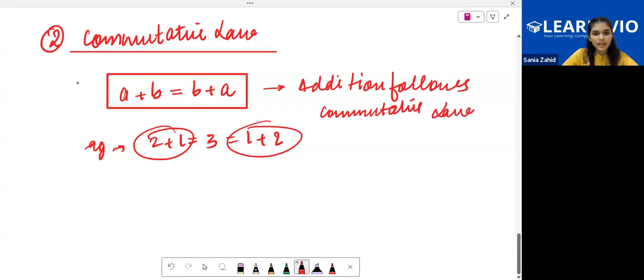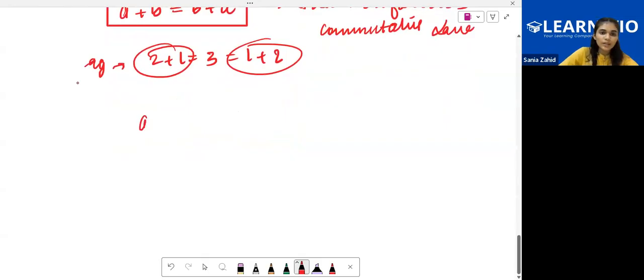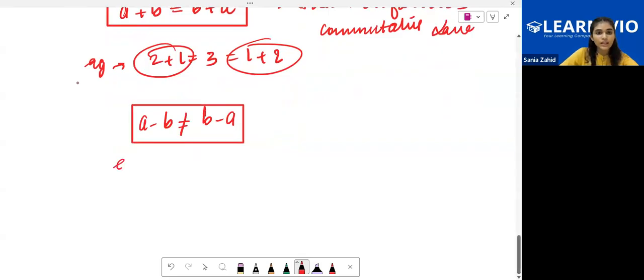Talking about subtraction. Now, if I do a minus b, will I get my answer as b minus a? No, ma'am. That means subtraction does not follow the commutative law. I'll give you another example. Let's subtract 2 minus 1. What is 2 minus 1? 1. Okay, what is 1 minus 2?